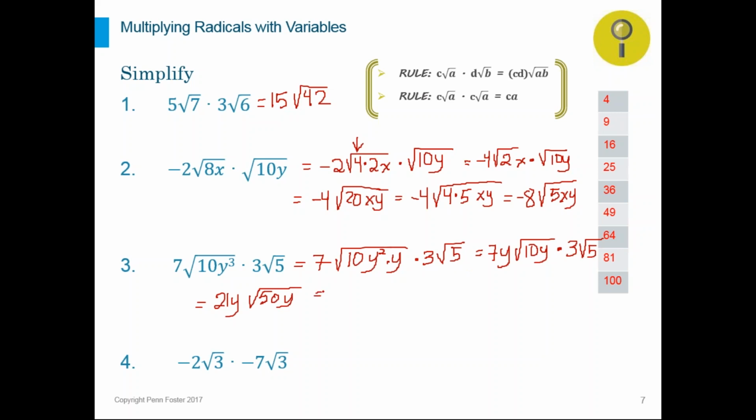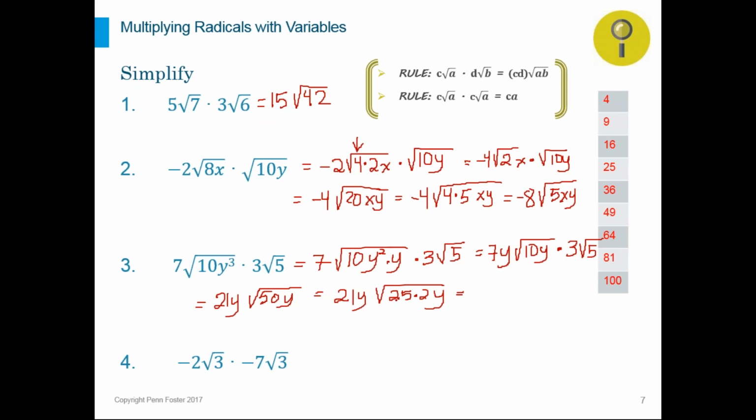And then I'm going to ask myself, is 50 a perfect square number or does it have a perfect square factor? And the answer is yes. So let's rewrite that as 25 times 2, which is 50, and then we still have the y. Apply the square root to 25.